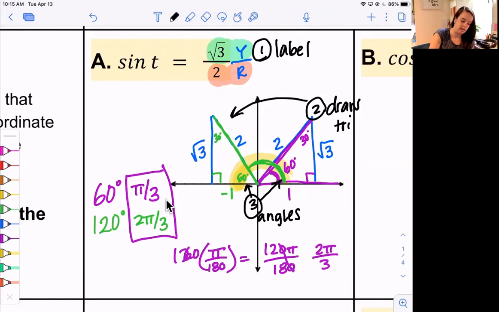That gave us our answers here. And then the fourth thing that we did was convert to radians. I would say the second and third steps are our most complicated steps: drawing the triangles, figuring out where to draw them, and figuring out what the angles are themselves.